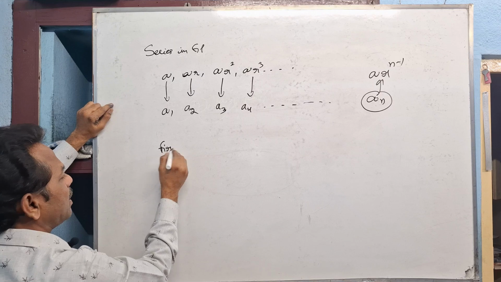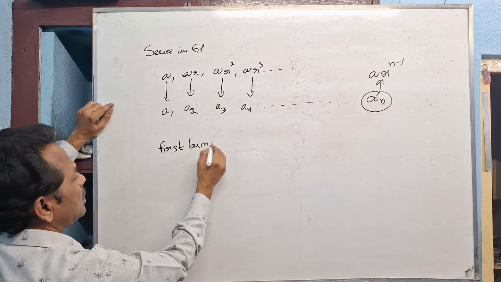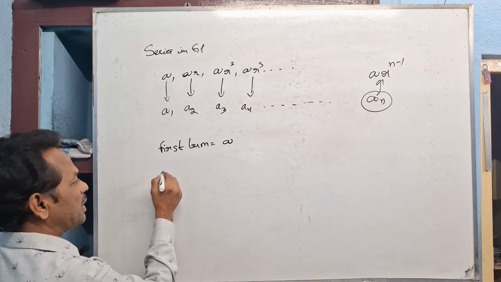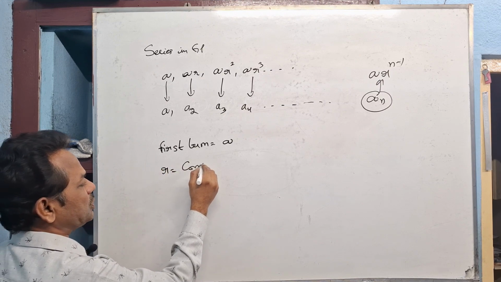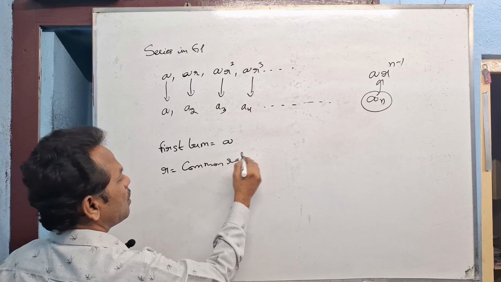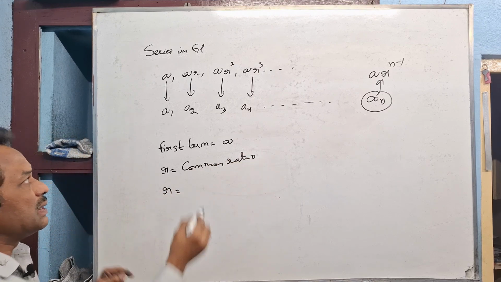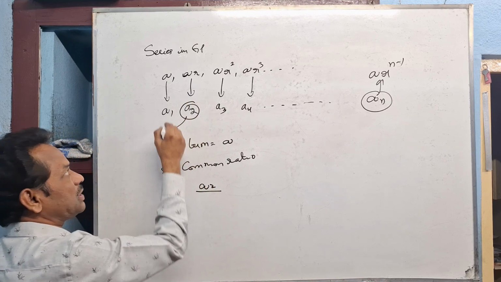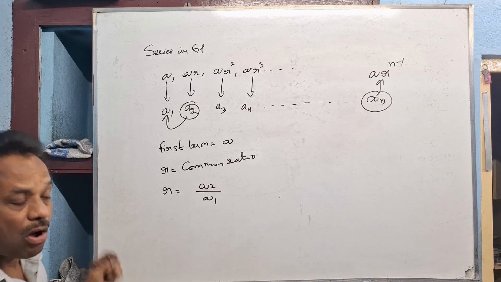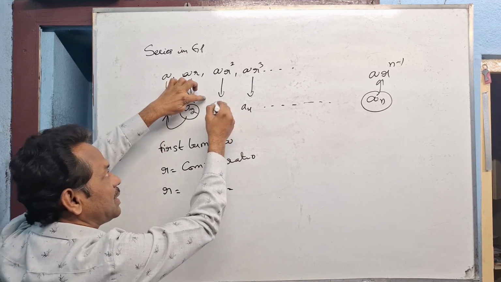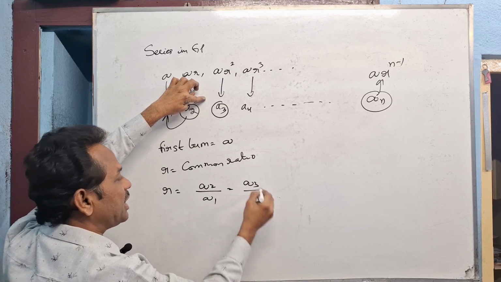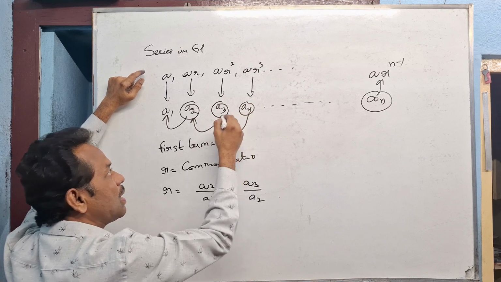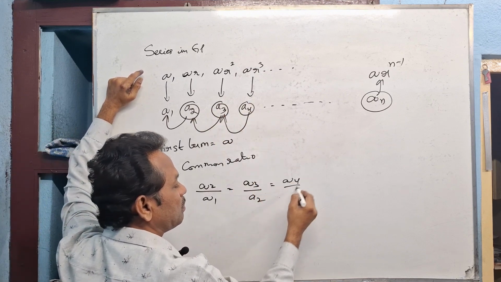Now in the GP, the first term is always A. And R is nothing but the common ratio. So how to find the common ratio? Take the second term A2 and divide it by the first term A1, or take the third term A3 and divide it by A2, or the fourth term divided by A3.